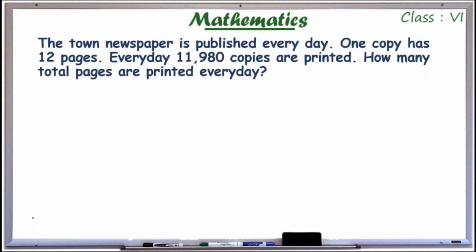Next question. The town newspaper is published every day. One copy has 12 pages. Every day 11,980 copies are printed. How many total pages are printed every day? Read the question well. A newspaper like Manorama or Madhurabhumi is published every day.